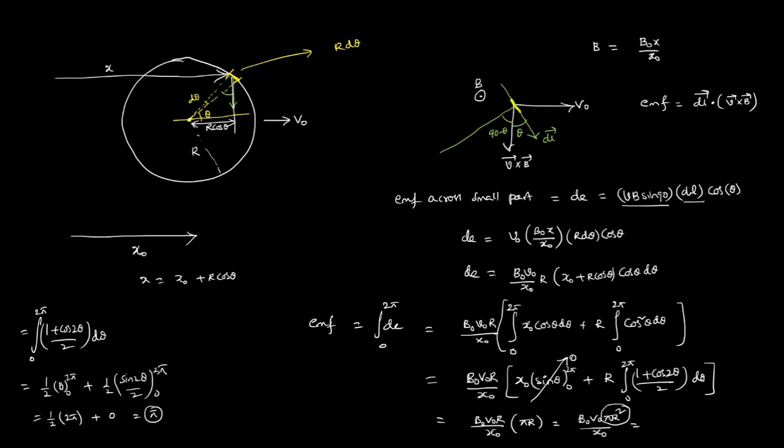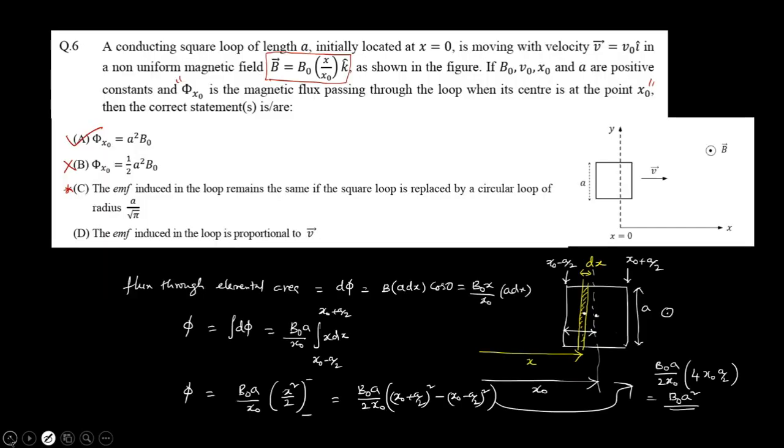So what is pi r square? Pi r square is the area of the circle, the area of the ring. That area of the circular loop will be equal to the square loop area. Why? Because the radius is a by root pi. As the radius is a by root pi, you will get a square as the area of the circular loop.